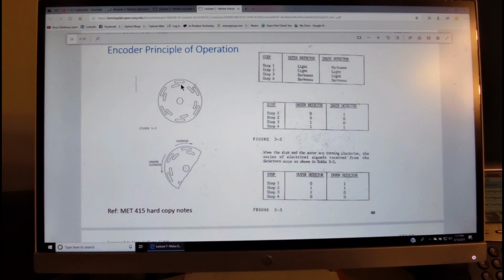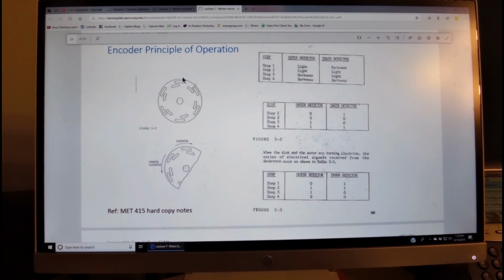And when it is dark, like in this position, it will indicate 0 or 1, depending on how the manufacturer decides. Now, in this particular example, we see that in this position the outer element is detecting light, and the lower detector is showing dark.